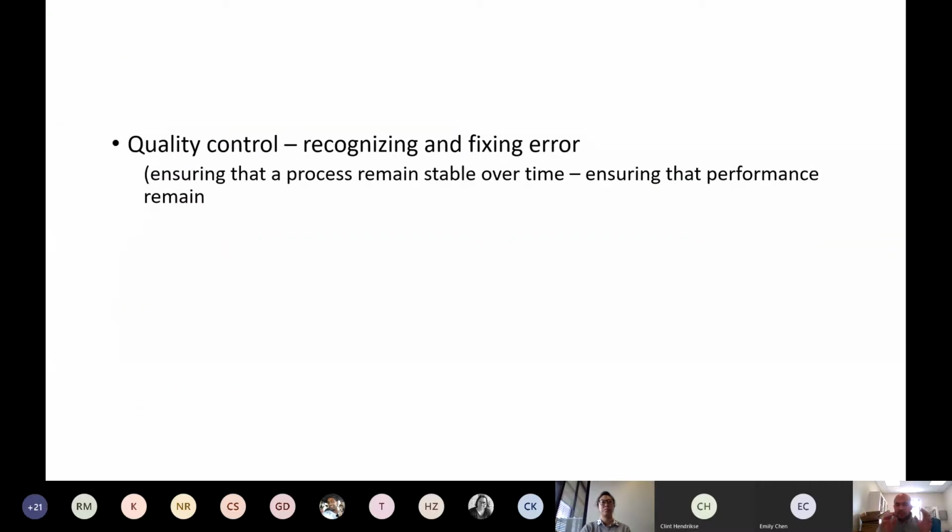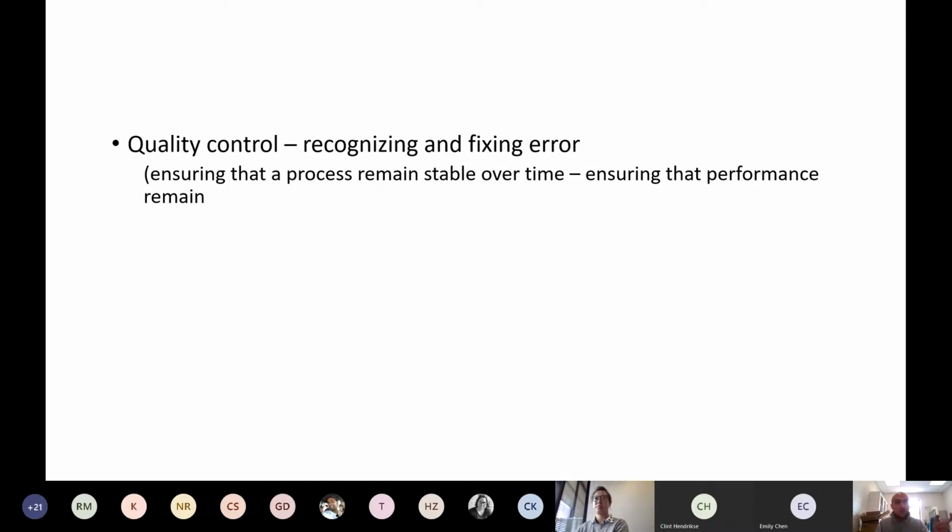I want to speak about the difference between quality control, quality assurance, and continuous quality improvement. Quality control is basically a process that evaluates some system, picks up a mistake and fixes it.